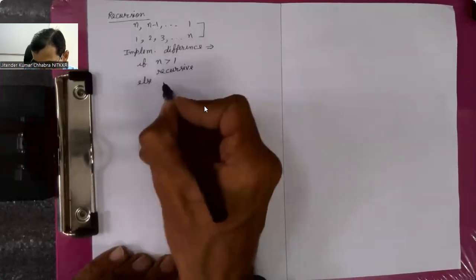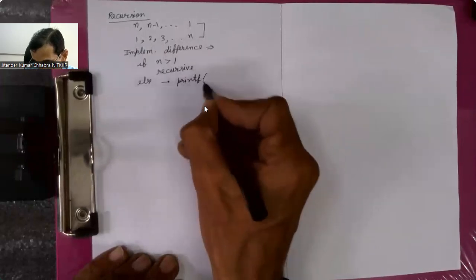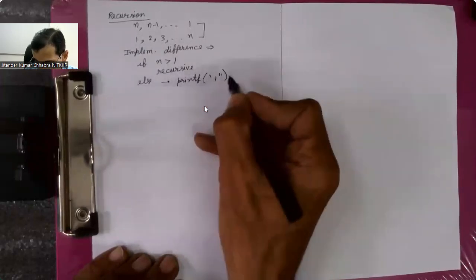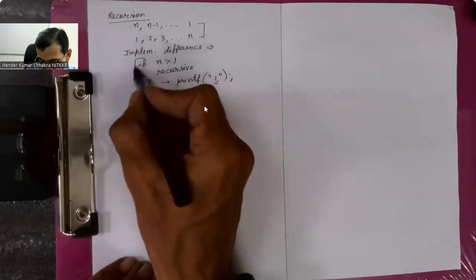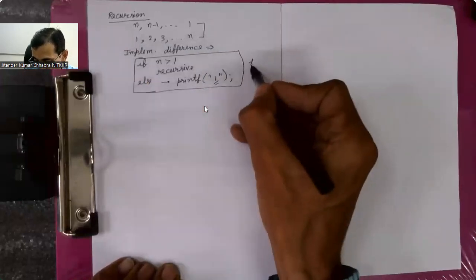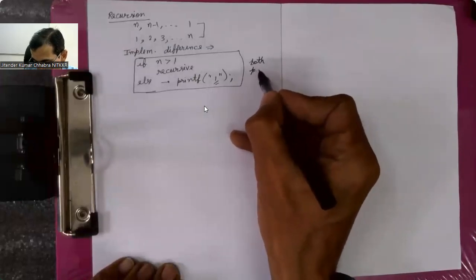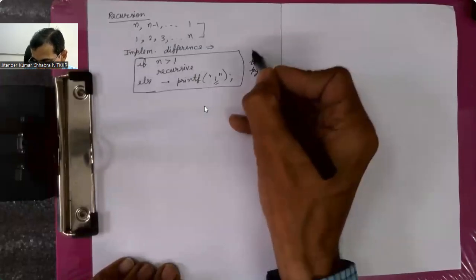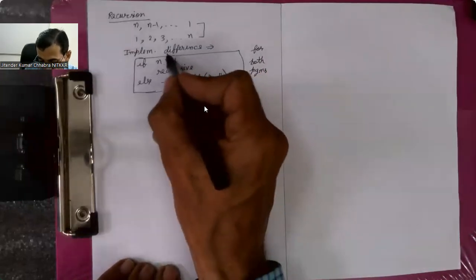Else, you simply print f1, effectively 1 or n, whatever you say. But if you used this logic for both programs, both would have been the same logic based. Then how will the implementation differ?